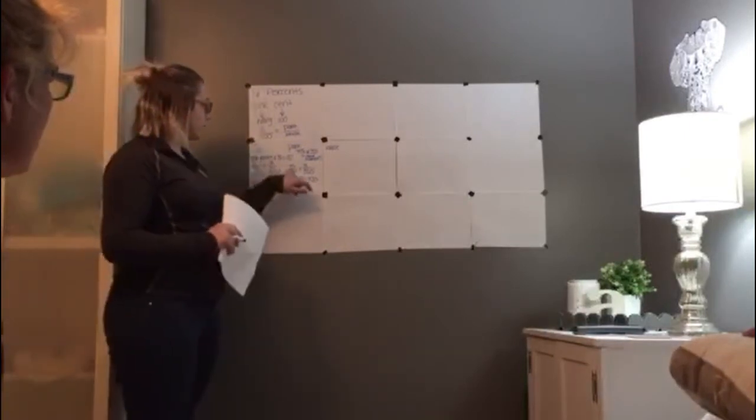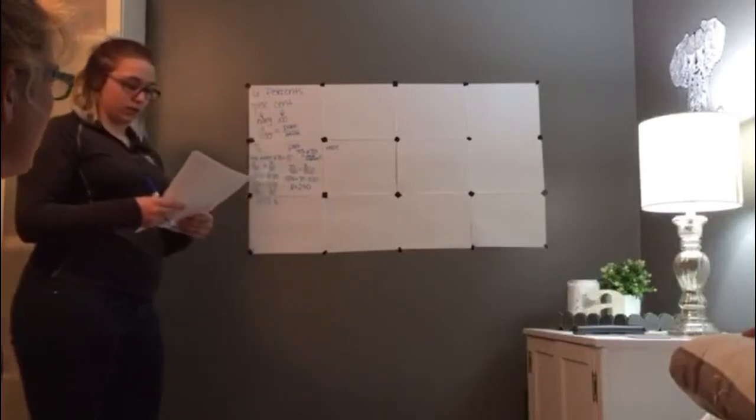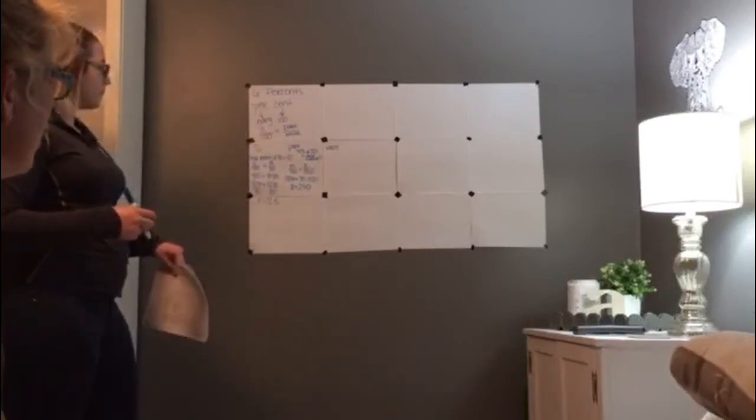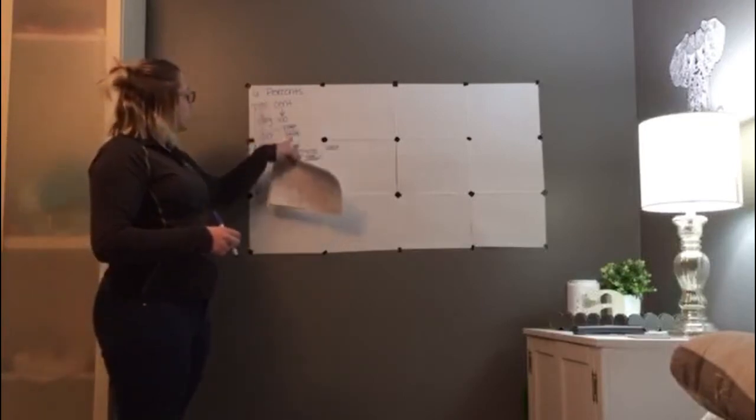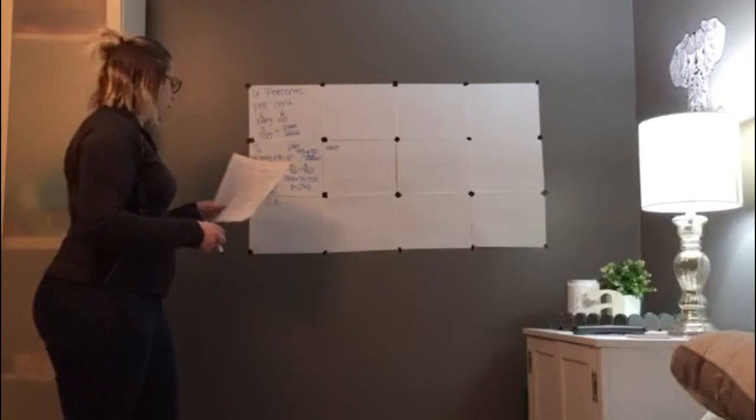So the part, so 75% of 320, you'll get 240. And then the next thing we could find from the proportion is the whole number.